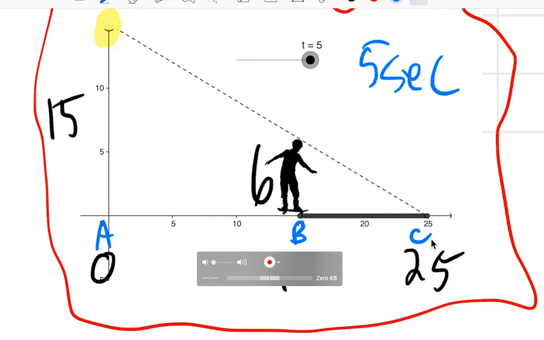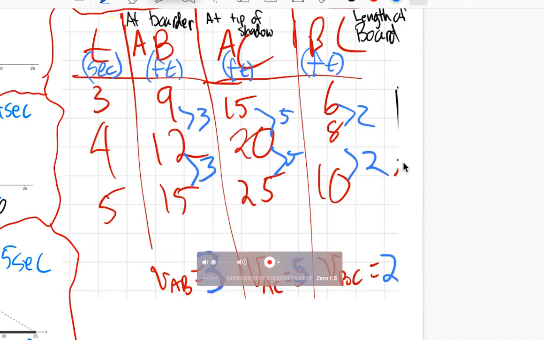So let's look at a summary of all this information in a table of values. Okay, so we've got a table of values here of all the information that we gathered. At 3 seconds, the skateboarder had traveled 9 feet.